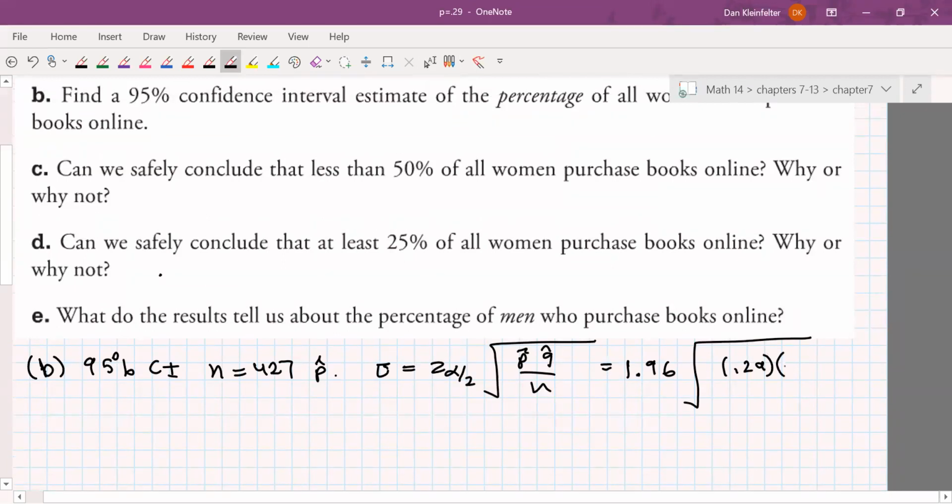And then 1 minus 0.29 is going to be 0.71. Our sample size was 427. So going through the calculations, 0.043.